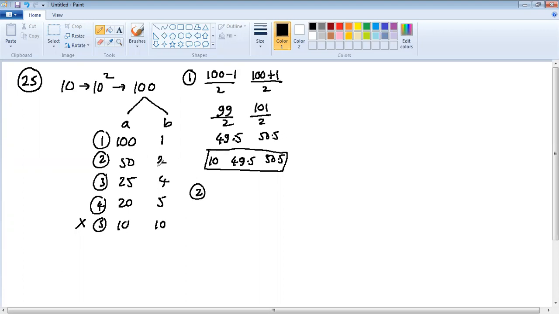Second, we go for 50 and 2. (50 minus 2) upon 2, (50 plus 2) upon 2. This is 48 upon 2, this is 52 upon 2. 48 divided by 2 is 24, this is 26. So the triplet is 10, 24, 26.